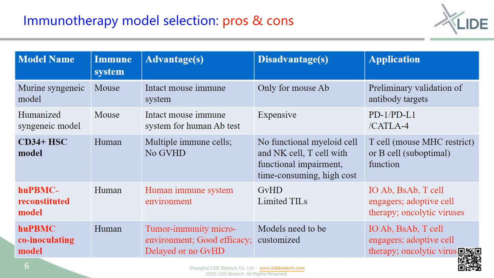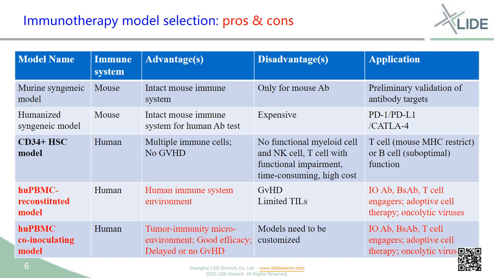So currently, there are several humanized mouse models for IO drug evaluation. One is the CD34 hematopoietic stem cell model. The immune deficient mouse is reconstituted with the stem cell.